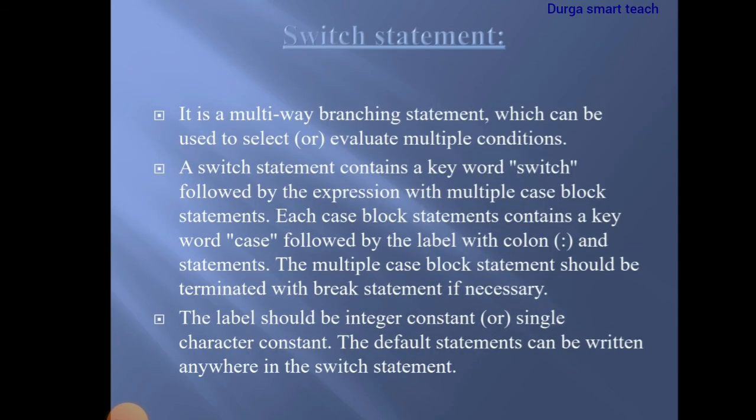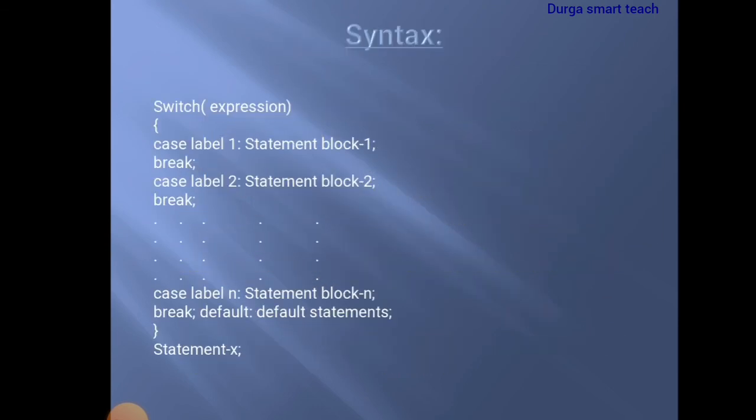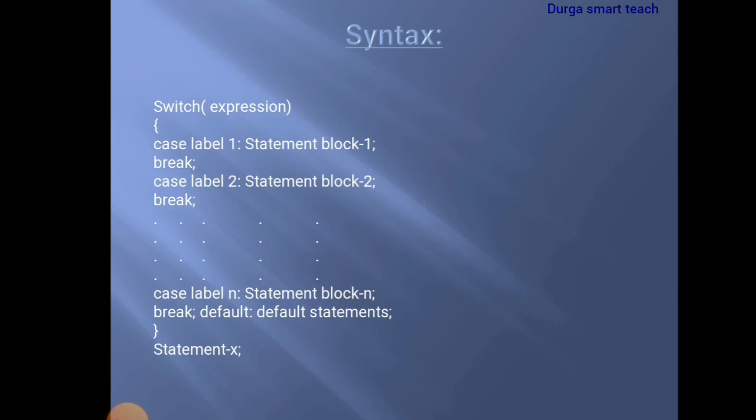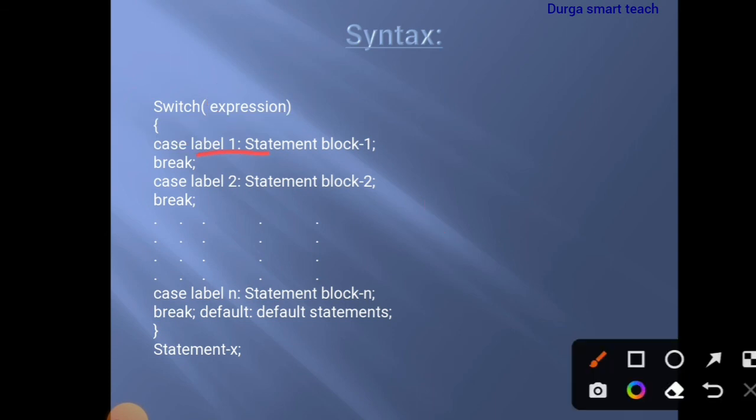So let's see the syntax for the switch statement. The switch statement contains the switch keyword followed by an expression. Based on this expression, the case statements are evaluated. Case label 1, label 2, up to label n.